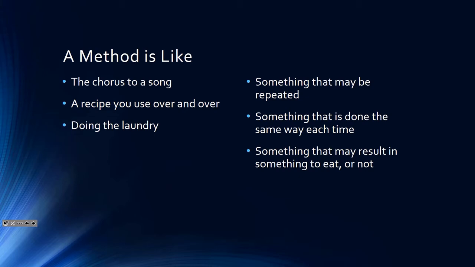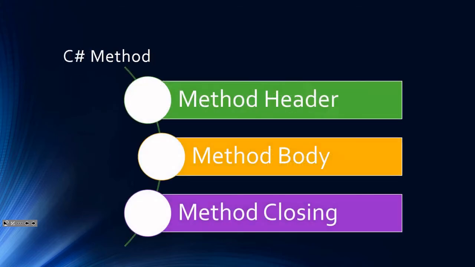Depends on if you were doing a recipe method. I like the chorus to a song one because we all know, they get out in that verse and then they get back to the chorus and we're all used to it.